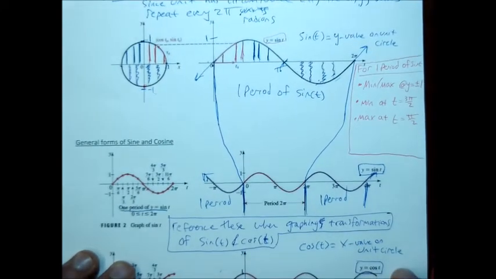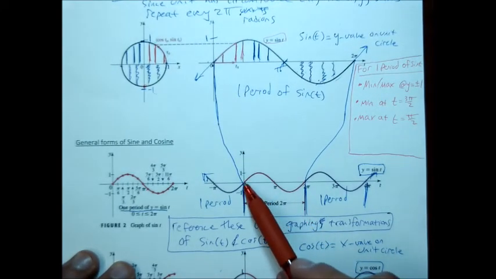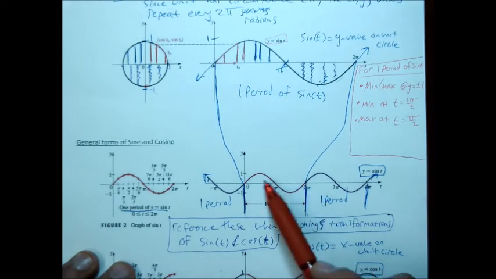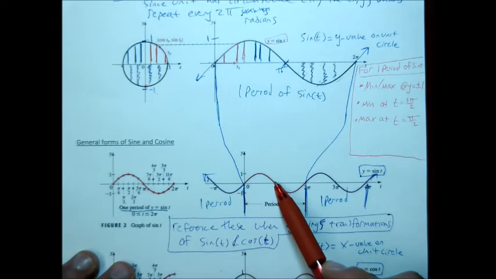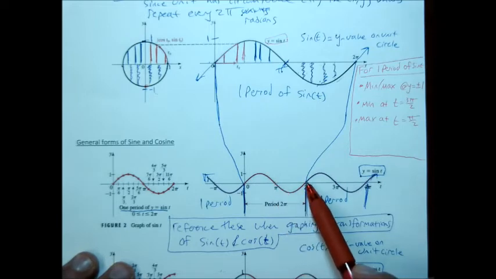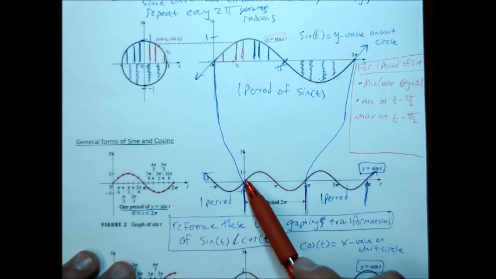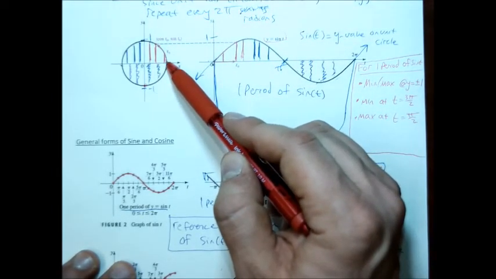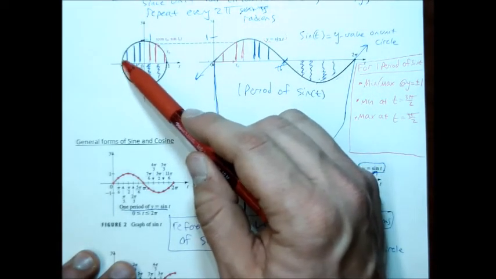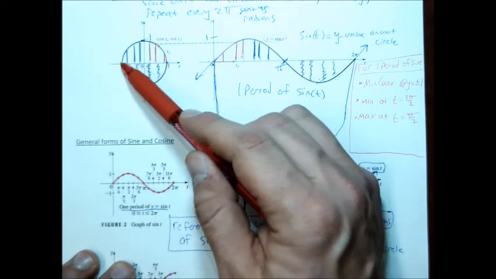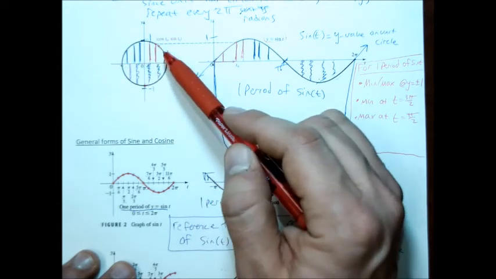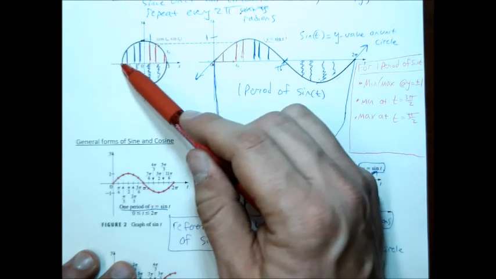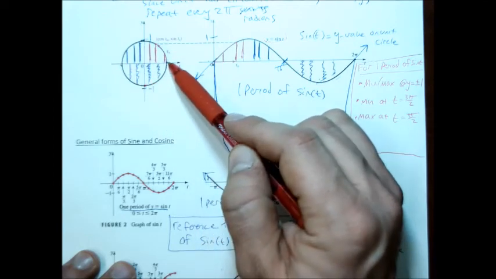Let's look at where the intercepts are. The x-intercepts are here, here, and here, right? It starts at 0, it comes back to 0, and then it comes back and hits 0 again. And it happens when the y values are 0. Those are the places where the y value is 0, and that's t equals 0, t equals pi, and t equals 2 pi.